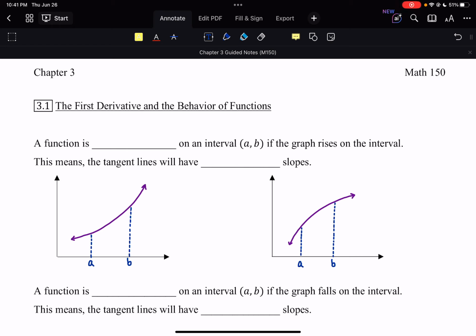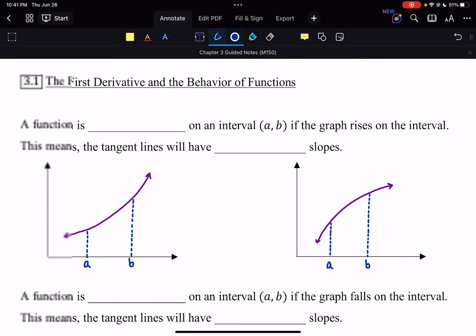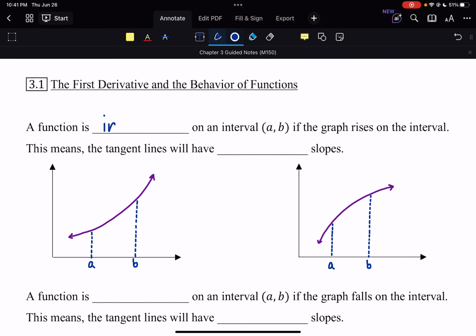So a function is said to be increasing on an interval from A to B if the graph rises on the interval.